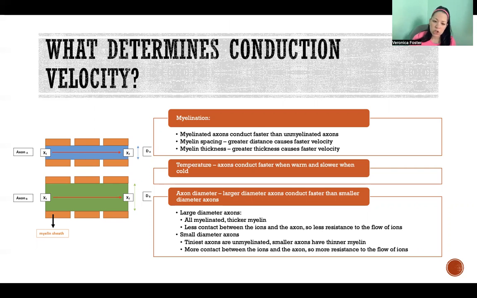The next consideration is the temperature. Axons that are warmer conduct faster than axons that are colder. When the ions that are traveling, that are the impulse essentially, become warm, they travel at a faster rate.